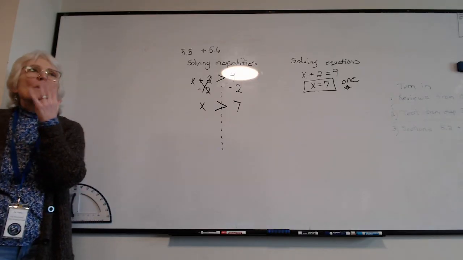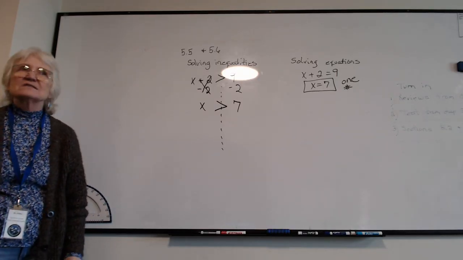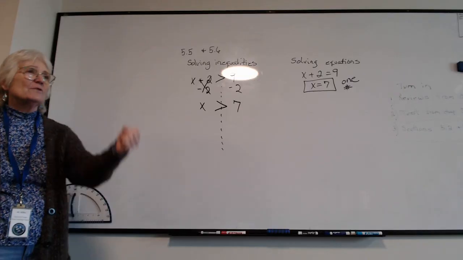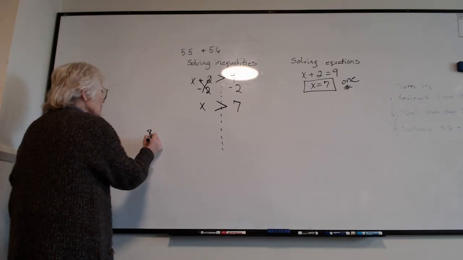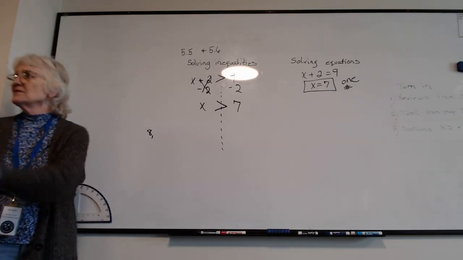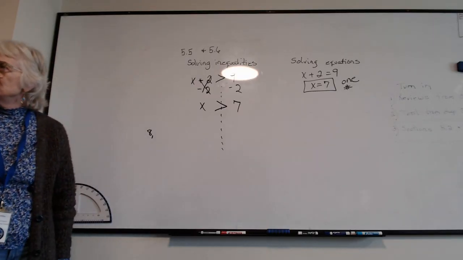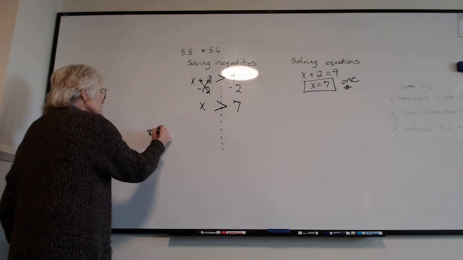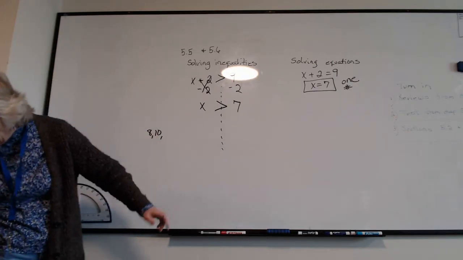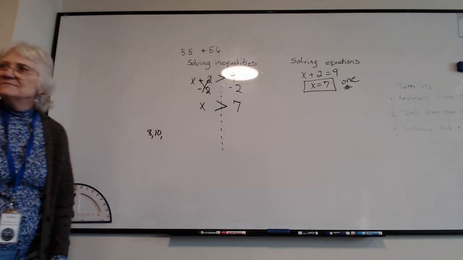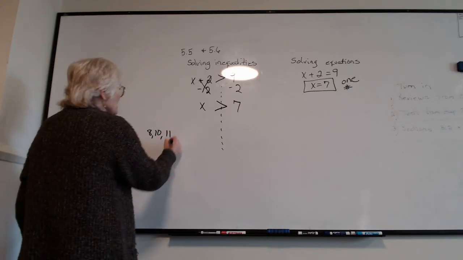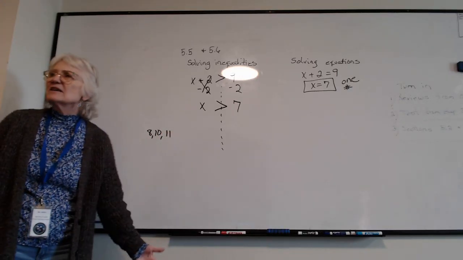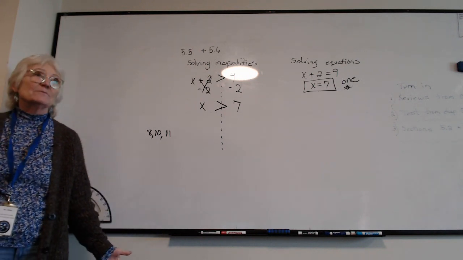What are some values that are greater than 7? Gavin, what's one number that's greater than 7? 8. 8 is greater. What's another greater than 7? Marcy? 10. Okay, what's another number that's greater? Peyton? Greater than 7? Yep. 11. Sure, 11. So we can actually list an infinite amount of them, right?